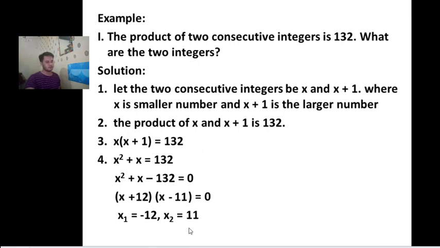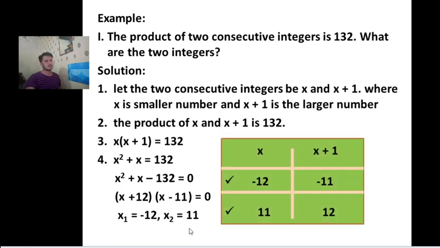Okay? So I have here the table. The first column is for x, and the second column is for x plus 1. When the value of x is negative 12, our x plus 1 is negative 11. Why?